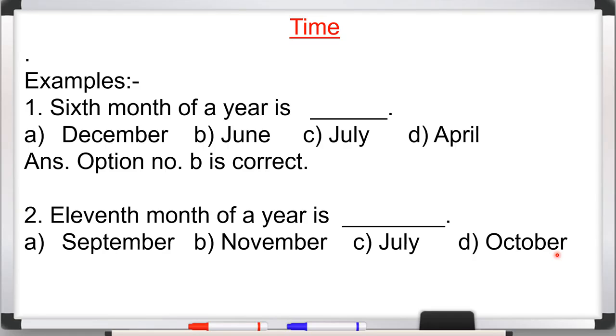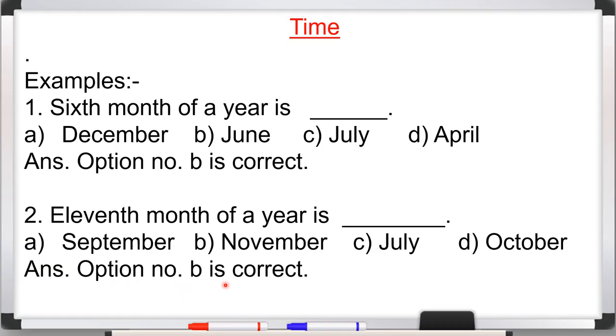January, February, March, April, May, June, July, August, September, October, November. So here November is the 11th month of a year. So our answer is option number B, November.